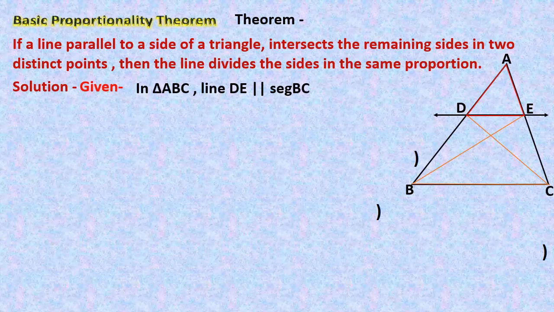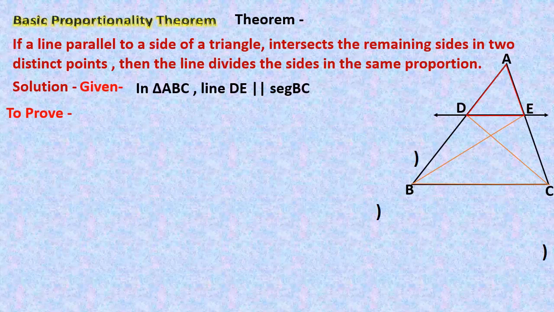That line intersects the remaining sides, side AB and side AC, at points D and E. Then, after the word then, comes what is to be proved: the line divides the sides in the same proportion.